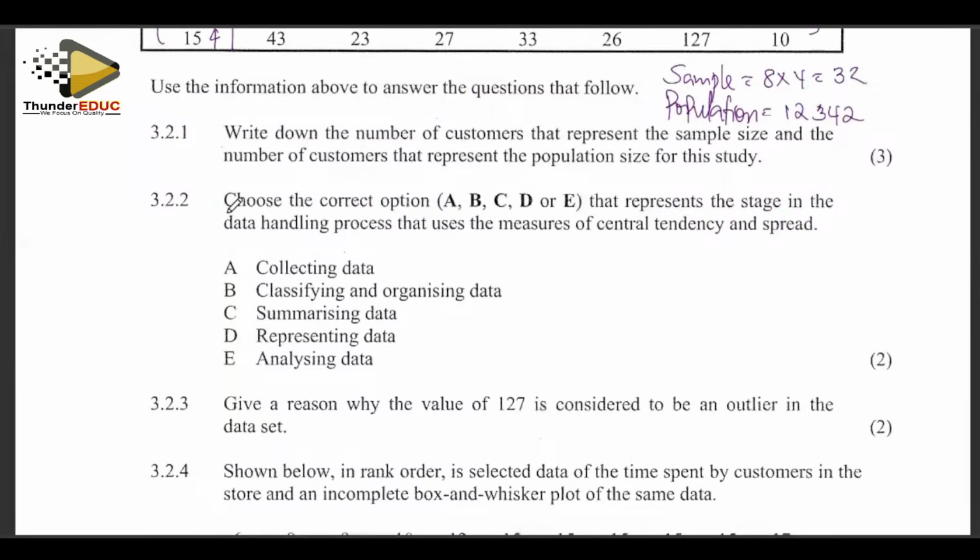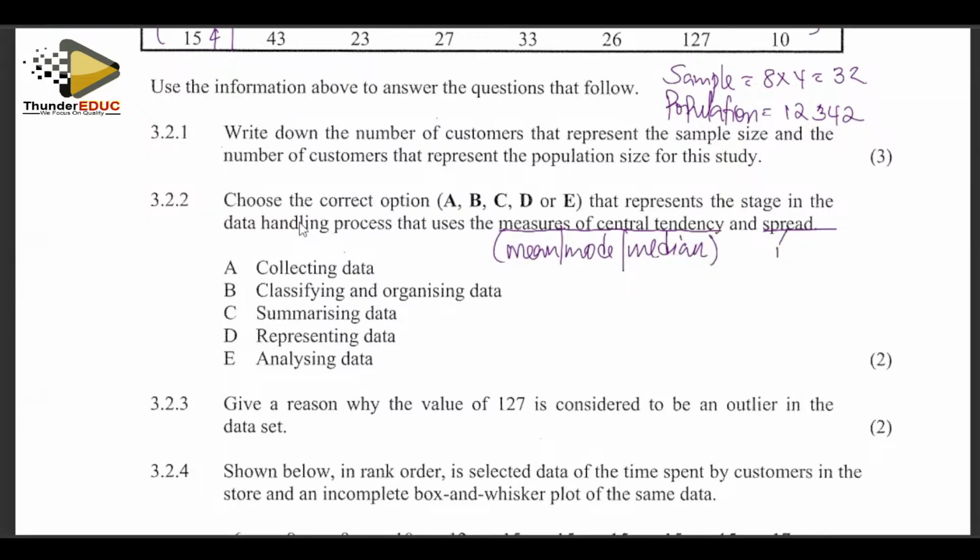All right. Choose the correct option, A, B, C, D, or E, that represents the stage in the data handling process that uses the measures of central tendency and spread. Let's remind ourselves, measures of central tendency. Here we have the triple M, which is mean, mode, and median.